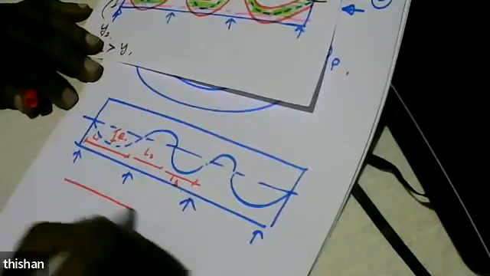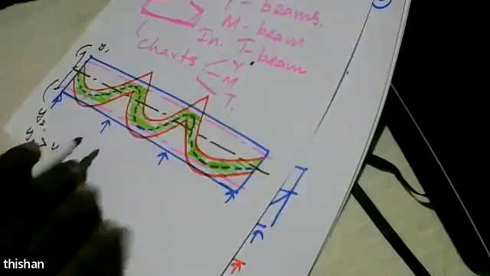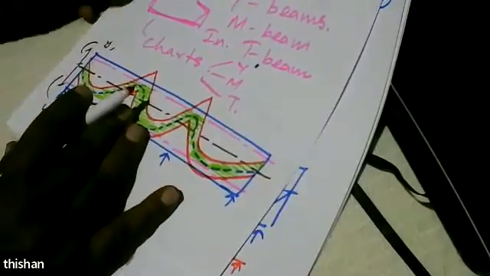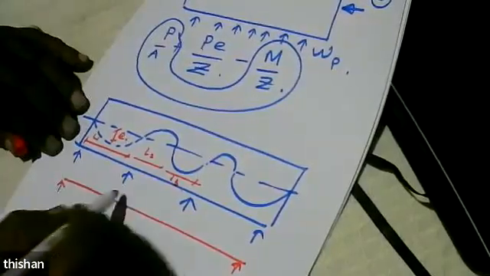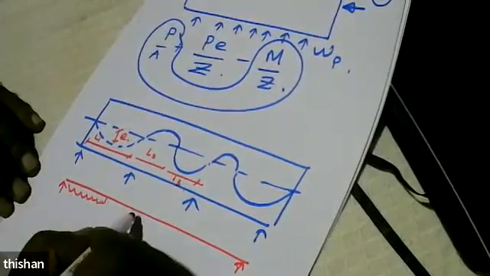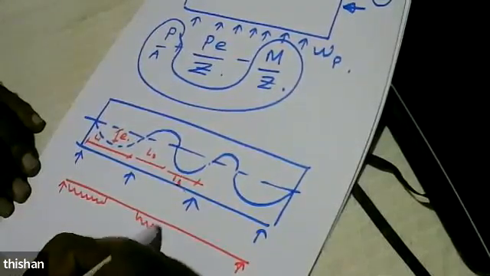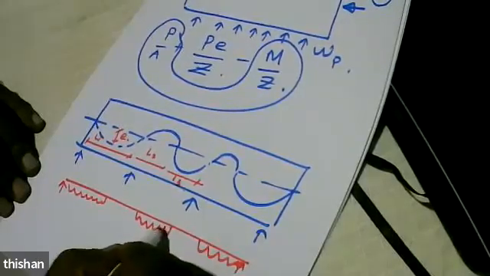So if you take this beam now and remove these two supports, in this portion it's loaded upwards. This portion is loaded upwards. This portion is loaded upwards.